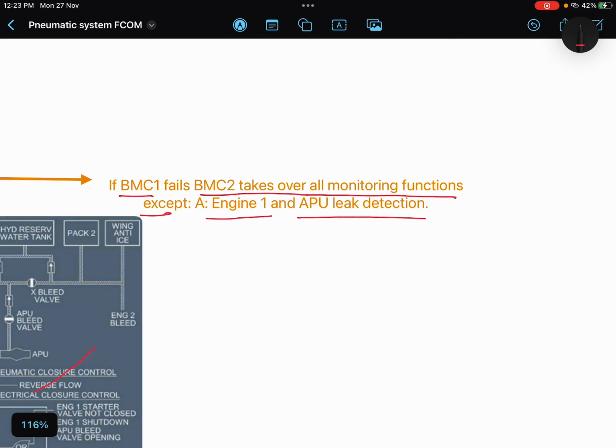Is it correct? Right. Why? Because BMC1 is connected with the APU and engine, and they have only one loop. Wing leak detection is available with the help of BMC2, but engine 1 and APU leak detection is not available, right?